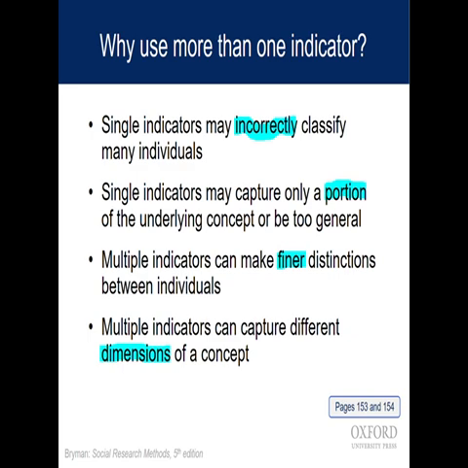Single indicators may capture only a portion of the underlying concept, or they might be too general. So that one, "Are you violent? Yes or no?" is kind of too general. And we already talked about how a single indicator may only pick up one dimension. Say, for example, if you ask, "Have you ever pulled a weapon on somebody?"